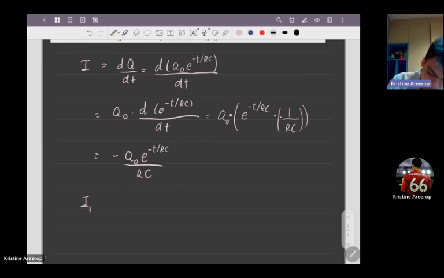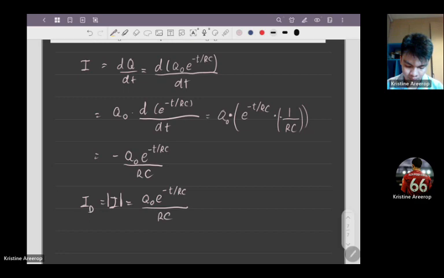If I want ID, I take the magnitude of I, which equals Q0 e power negative t by RC by RC.